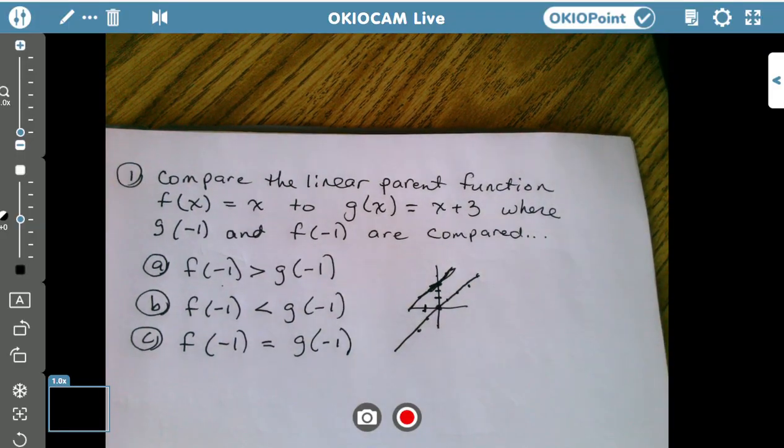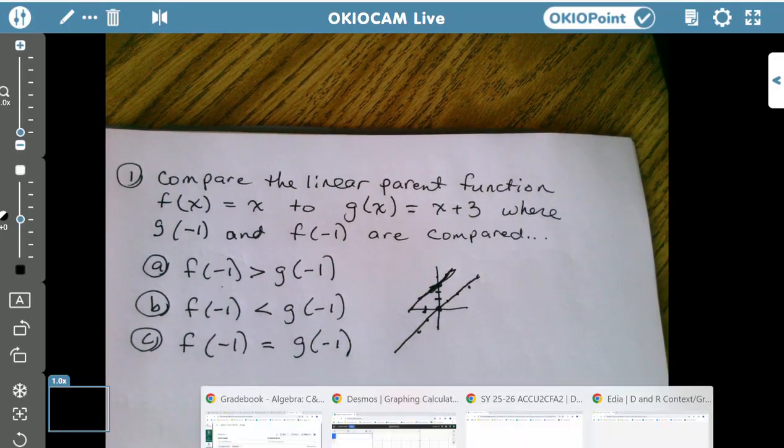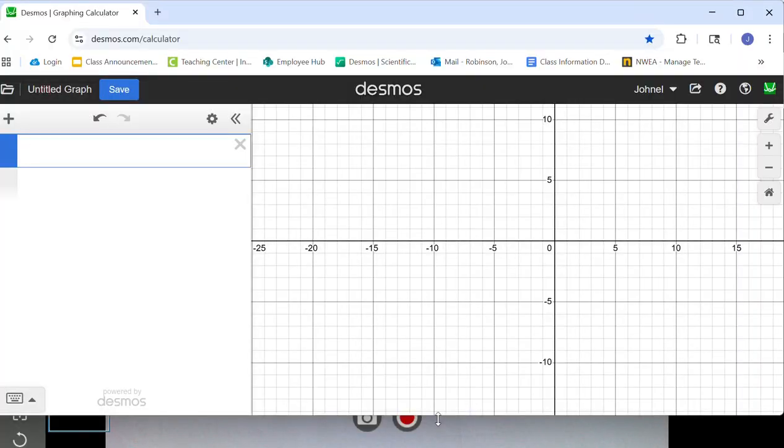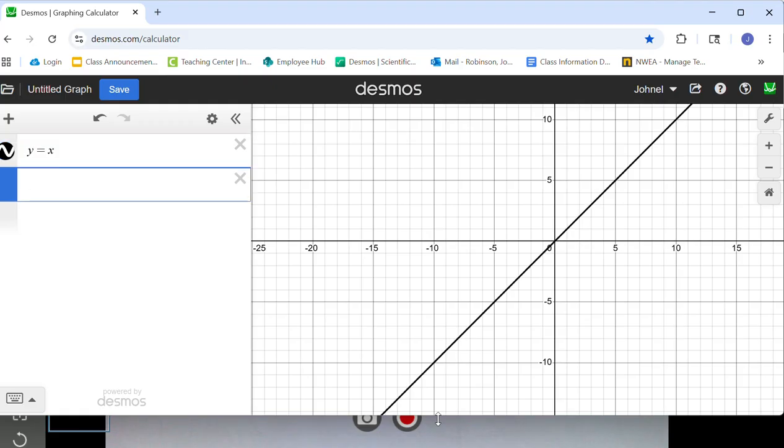We go over to Desmos and we're going to type in both of those functions. The first one is y equals x. The second one is y equals x plus 3.